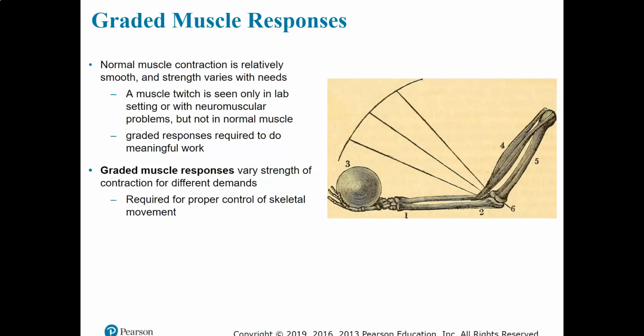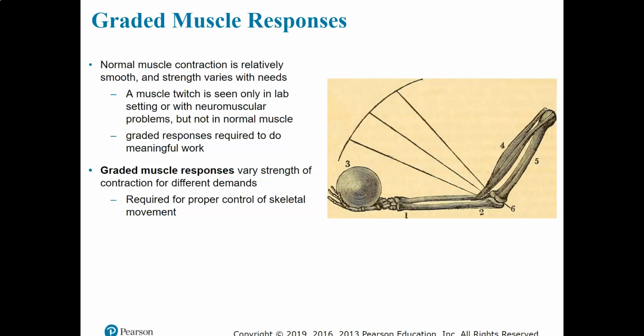Graded muscle responses are when you actively control the strength of your muscle contractions by changing the rate of stimulus or the strength of stimulus. So you're changing how many motor units get recruited and how strongly the muscle contracts. You are able to do this automatically.